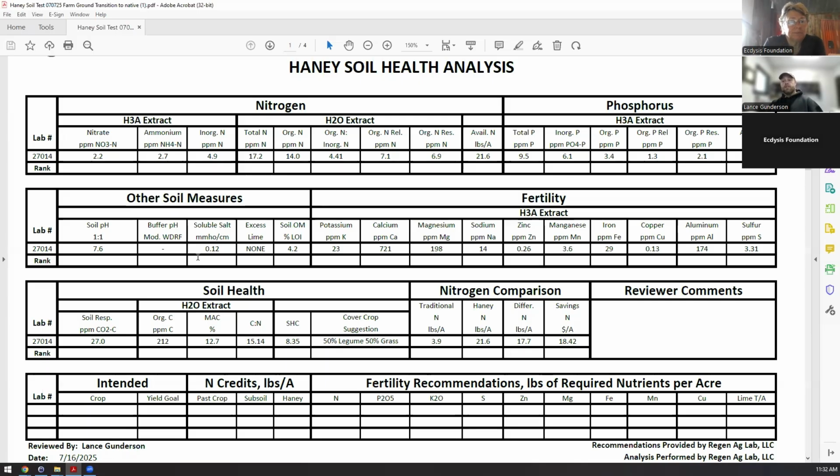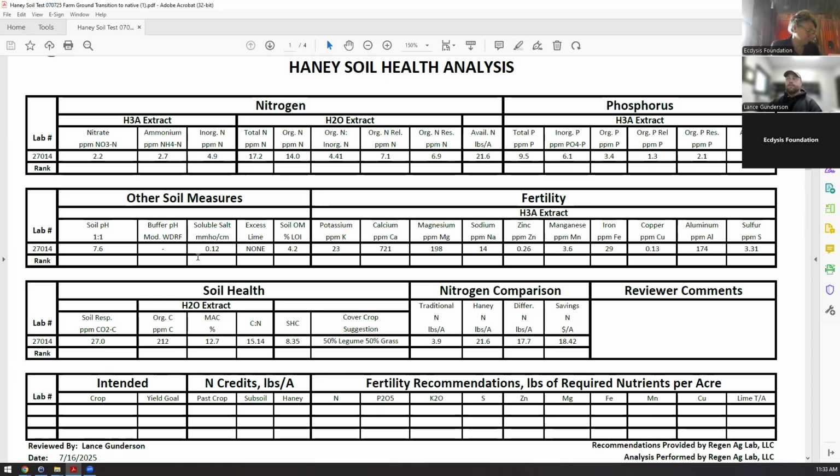So if somebody ever tries to sell you gypsum, which is calcium sulfate, and tells you to apply gypsum because you've got low pH, do not do that. Now you can apply gypsum for other reasons, but it will not make your pH go up. So stay away from that. What it does create is a salty environment. So that transitions to soluble salts.